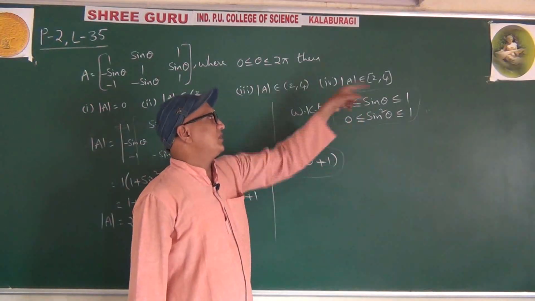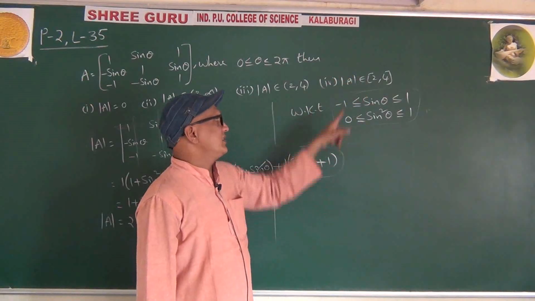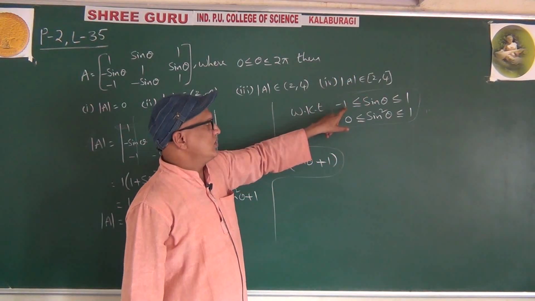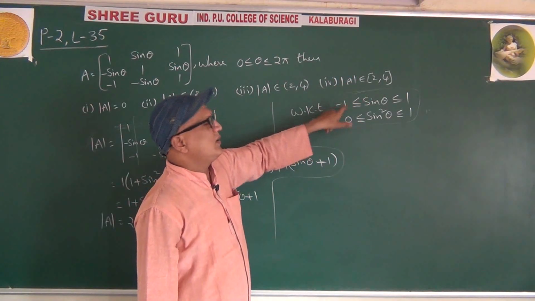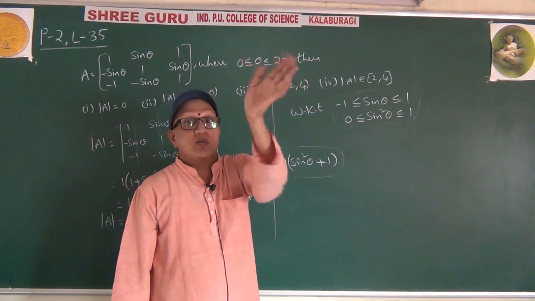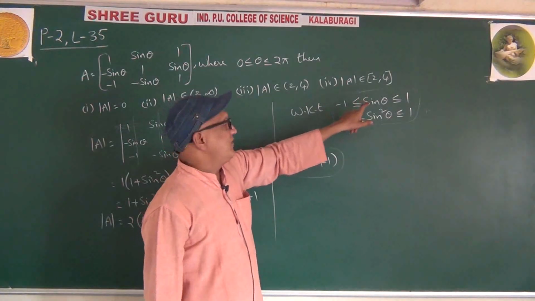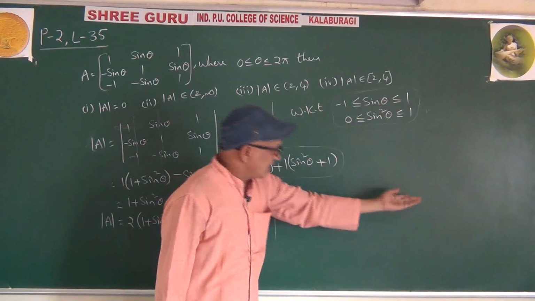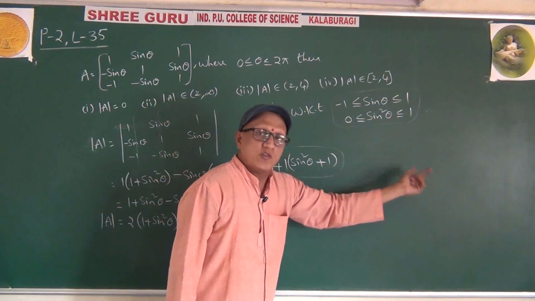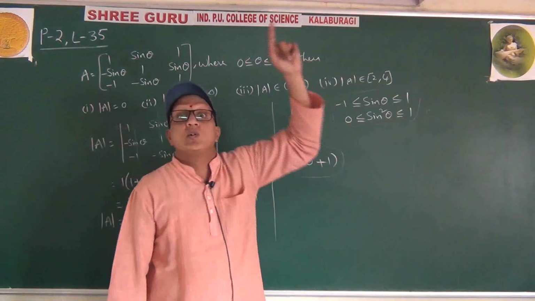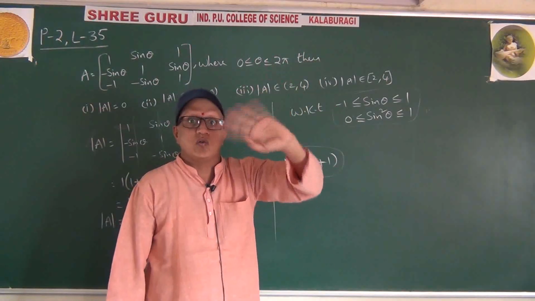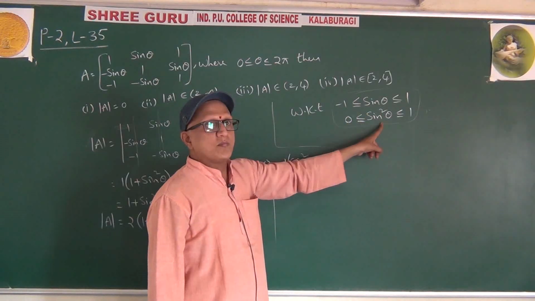So sin theta is between minus 1 to 1. If you go for the square of this, whatever example I have taken, if you square, we are getting more than 0. We are not getting less than 0.